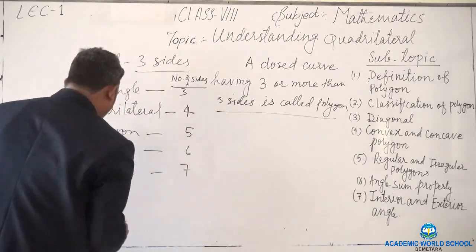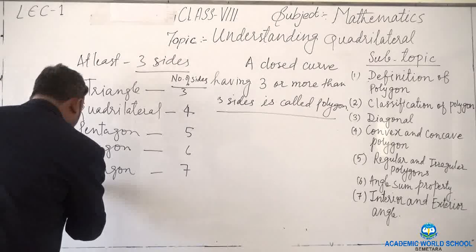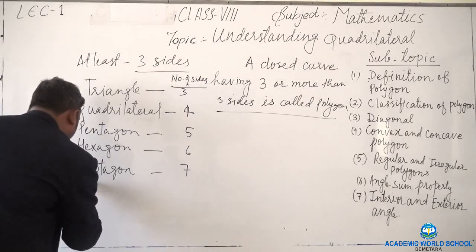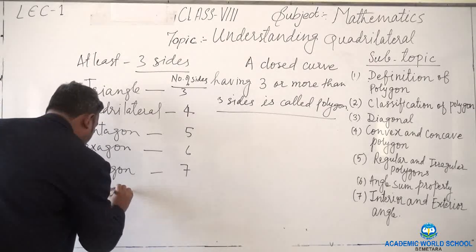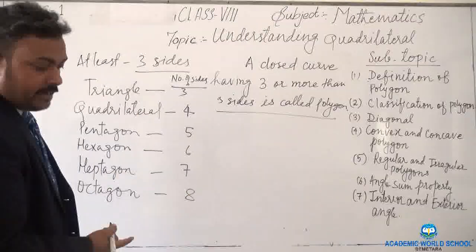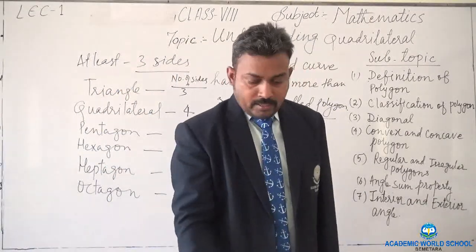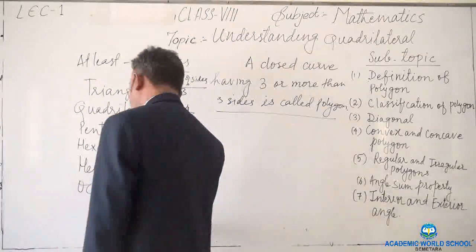If it has 8 sides, it's an octagon. If it has 9 sides, it is a nonagon.